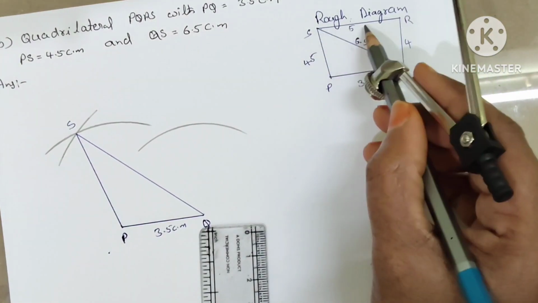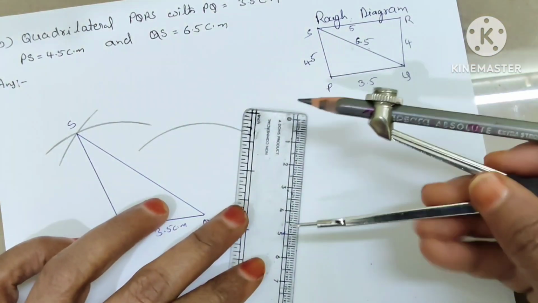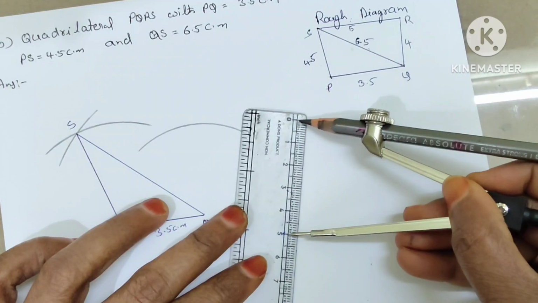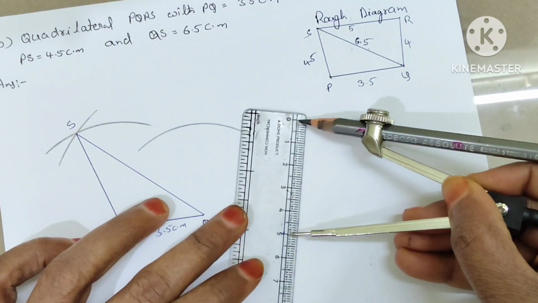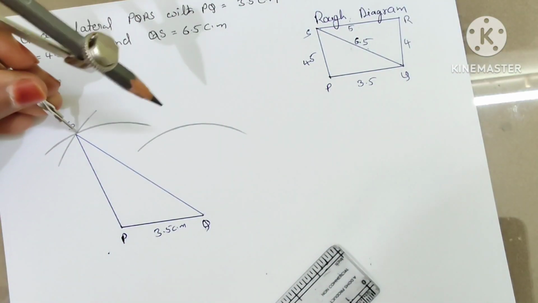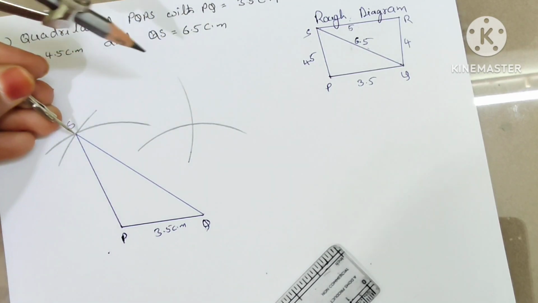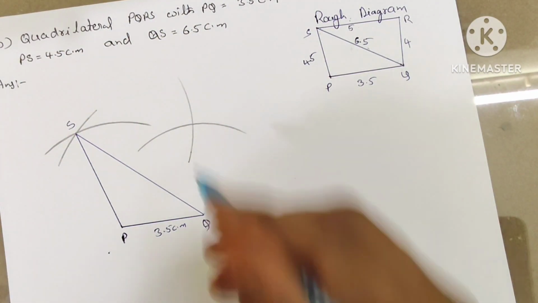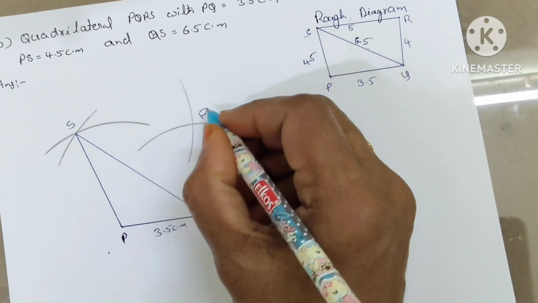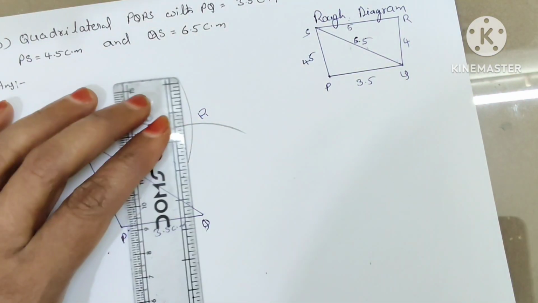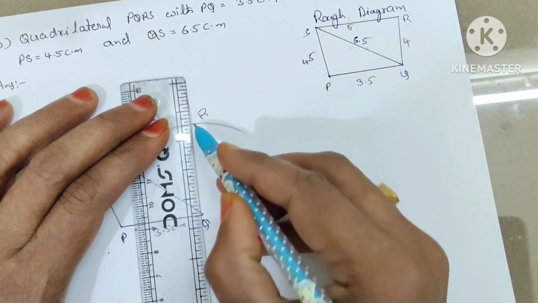Next, RS is 5 centimeters. So now take scale and rounder. Exact 5 centimeters. Now based on S, draw the arc that touches the previous arc. Now this intersecting point is R. Now add R and Q points.